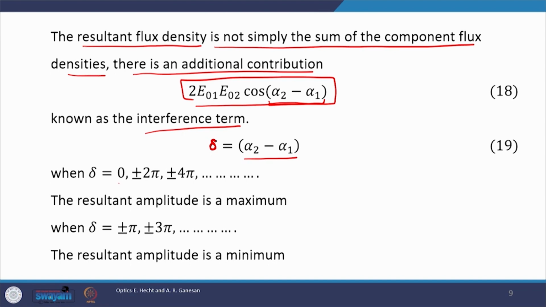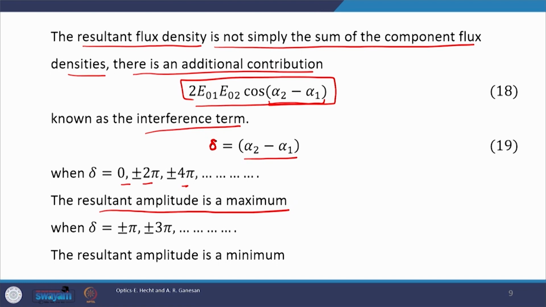Now, whenever del is equal to 0, plus minus 2 pi, plus minus 4 pi, the cosine function would be equal to 1, and this is the maximum value the interference term can achieve, and due to this maximum value the resultant amplitude will be maximum, and this we call constructive interference.